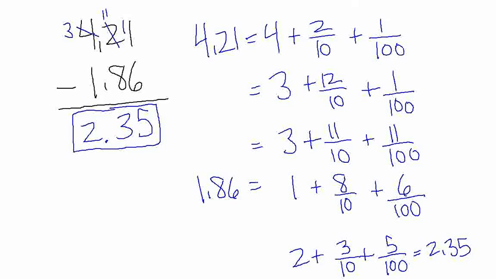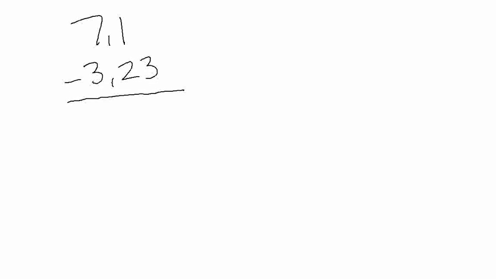Now, let me do another example. Suppose I wanted to calculate 7.1 minus 3.23. So, as in the other example, I can add a 0 to the rightmost column. All right, and for this example, I'm going to get a negative number if I subtract 3 from 0. So I'm going to have to do what I did before.